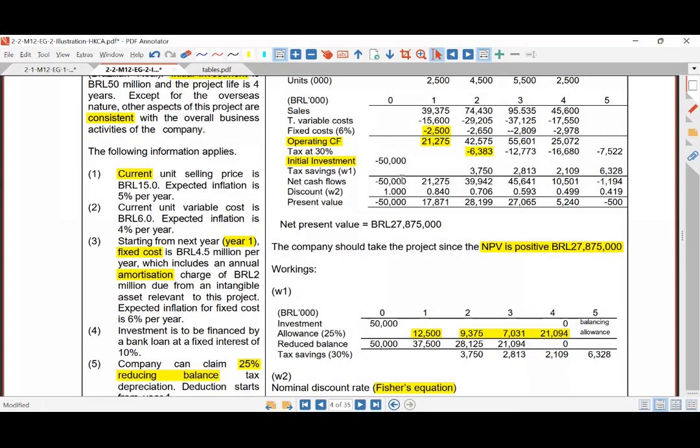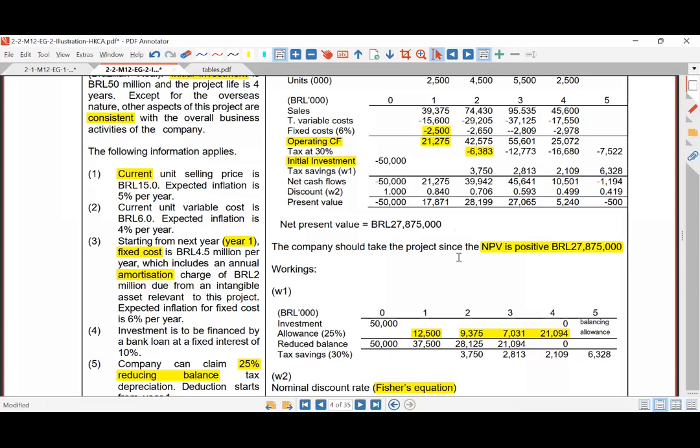Okay, so you multiply, you will have the present value, add it together, you get 27,875. That means the inflow in present value is more than the outflow in present value. If you accept this project, the company's value or wealth will go up by 27,875 million. So you should accept the project because it's a profitable project.